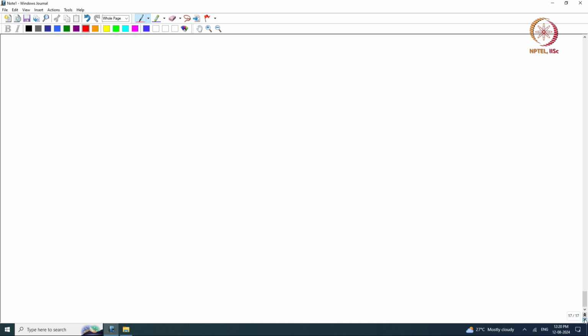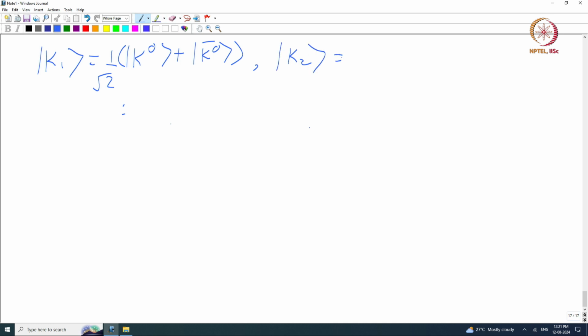In particular, I define K1 as K0 plus K0 bar, appropriately normalized, and I call K2 the same thing with a minus sign, antisymmetric under exchange.